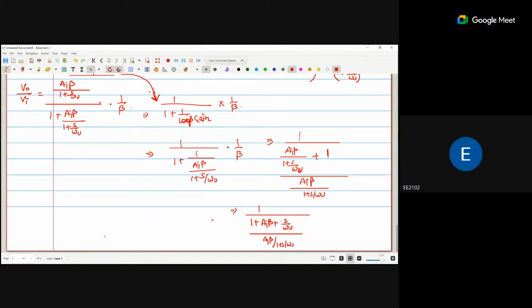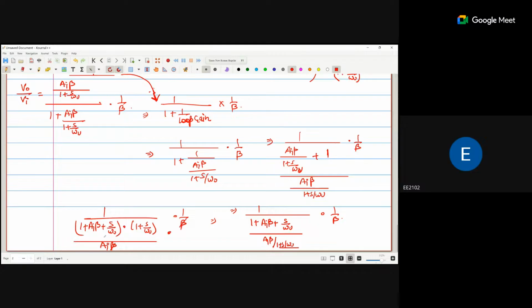Sorry, 1 upon β is also there. So this term I can take multiply. It is 1 plus Aβ plus S upon ωu times 1 plus S upon ωu divided by Aβ, and whole multiply by 1 by β.